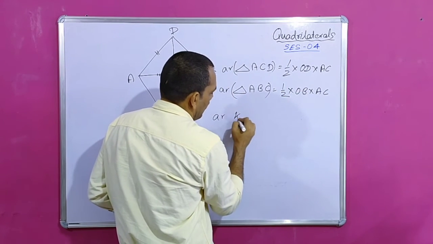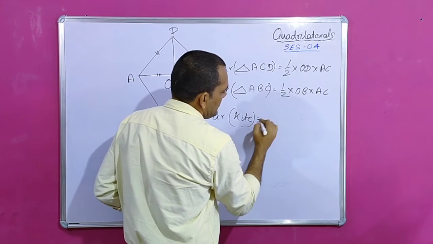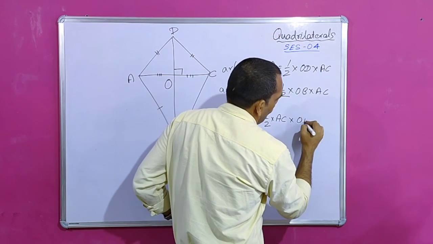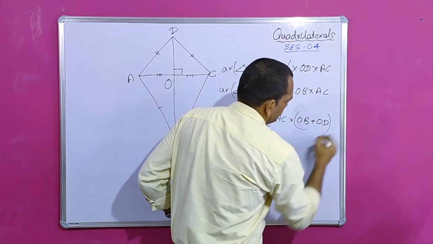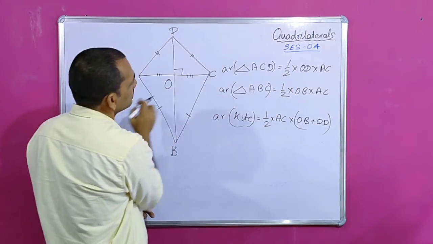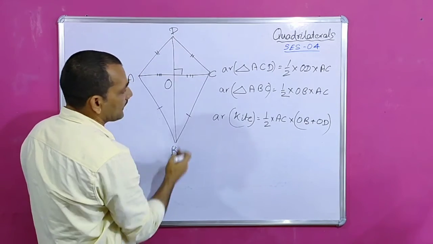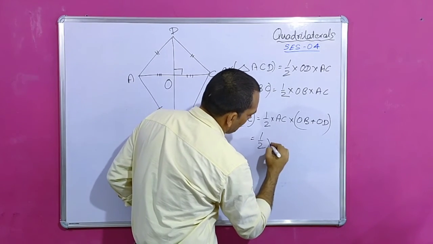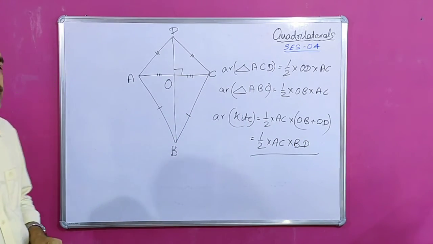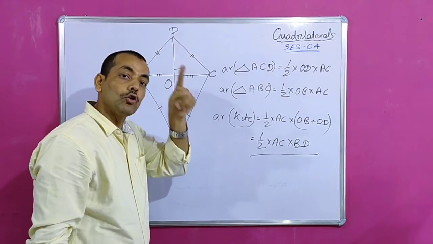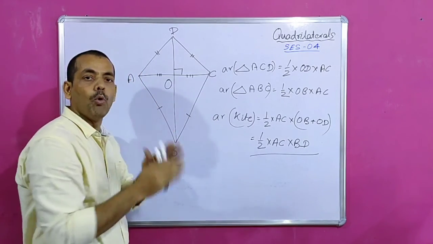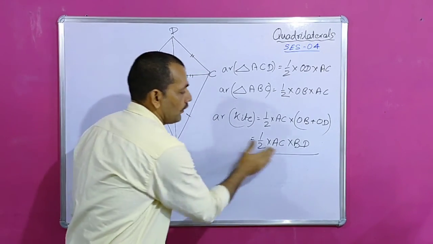So area of kite ABCD will be half into AC common into OB plus OD, because this kite is the summation of these two. So OB plus OD will become BD. Simply it is half into AC into BD. Similar to the formula of a rhombus, the area of a rhombus and the area of a kite are both half into the product of diagonals.